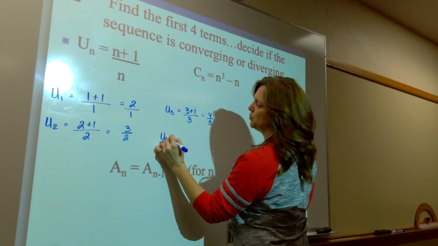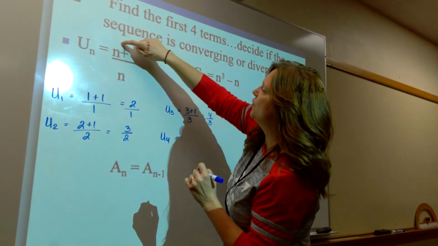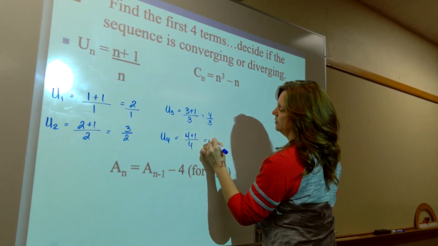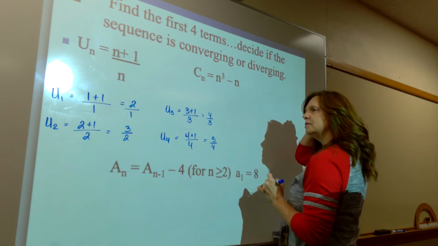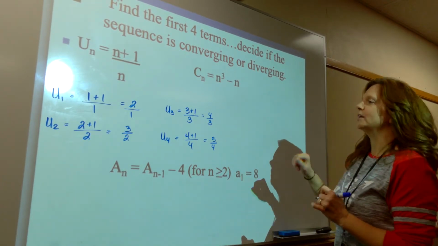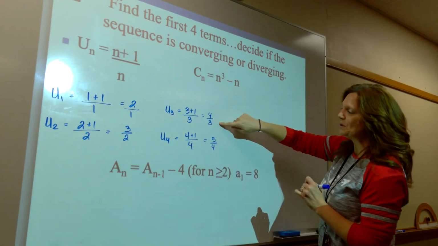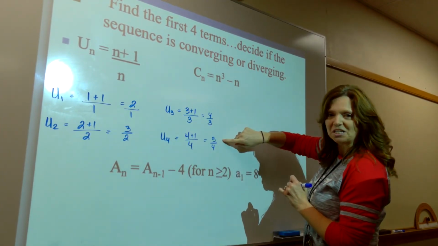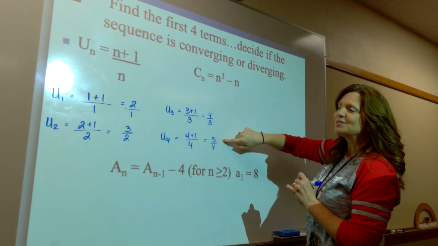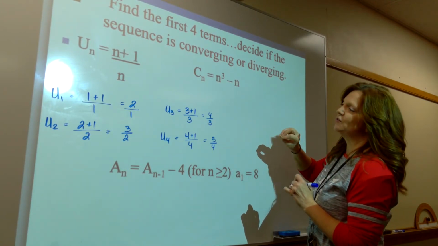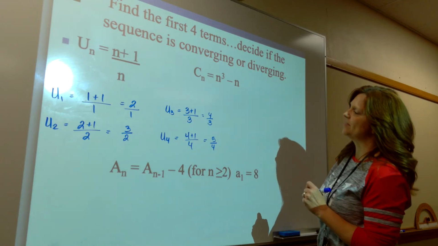Okay, and then u sub 4 would be 4 plus 1 over 4, or 5/4. Okay, so what is this thing doing? We're going from 2 to 1.5 to 1.33 to 1.2. So I would say that this is converging, and it looks like it's getting closer and closer to a value of 1 on that one.